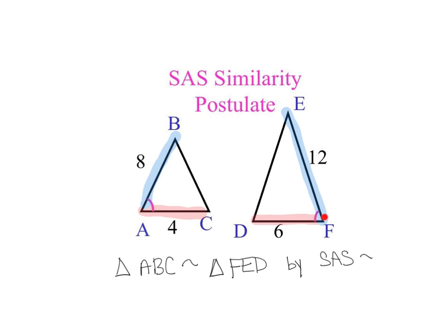So we have two sides that are in proportion, and then we have an angle that is congruent. So we can say triangle ABC, and we want to look at how it's named, from A to B to C, and then over here that means that we would start with angle F and go F to E to D, and those are similar by side-angle-side similarity.